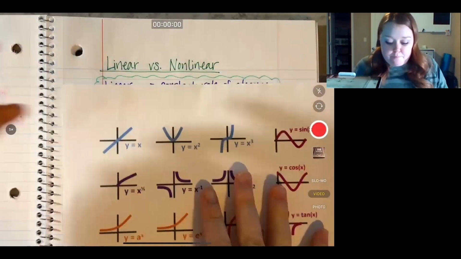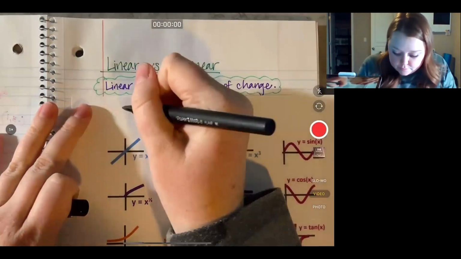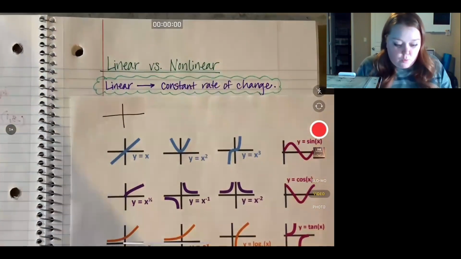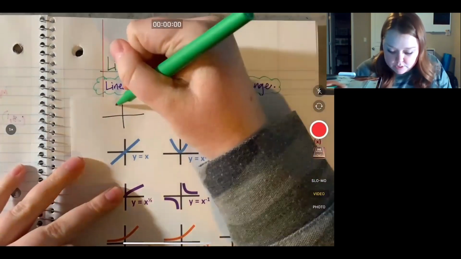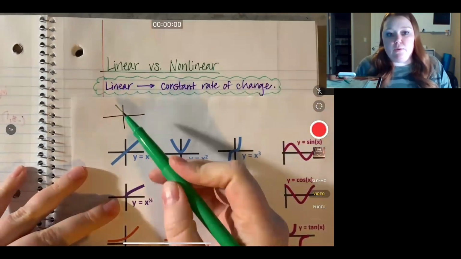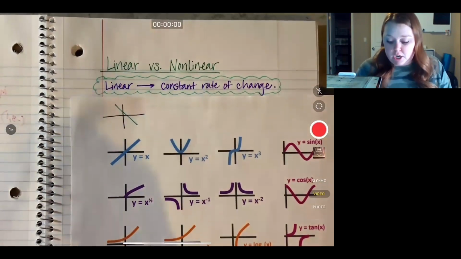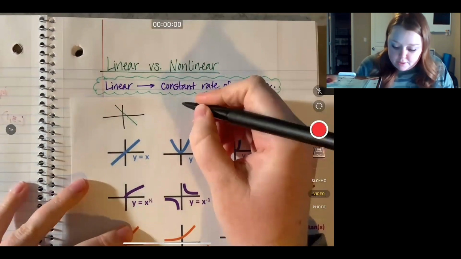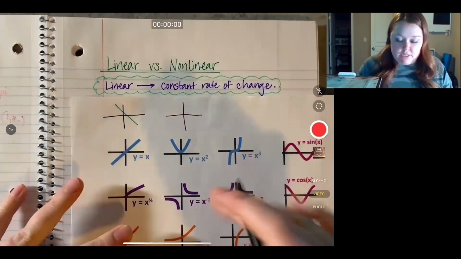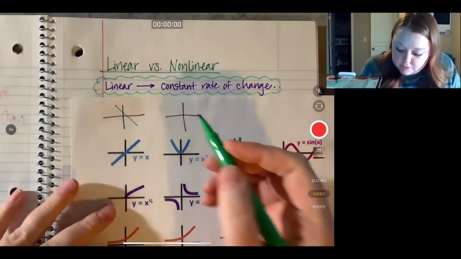So another example of linear that's not on here would be if it was like this, okay? It can be going down. As long as it's a straight line, it's linear. It's good to go, okay? Another example of a straight line that's not on here would be if it's literally flat.